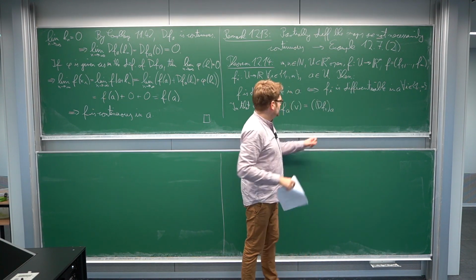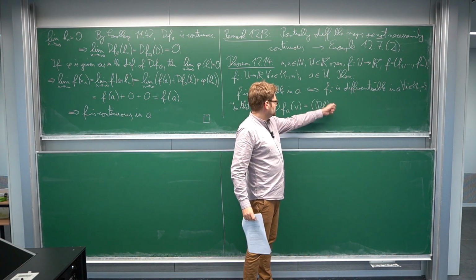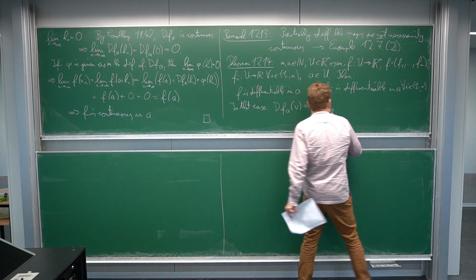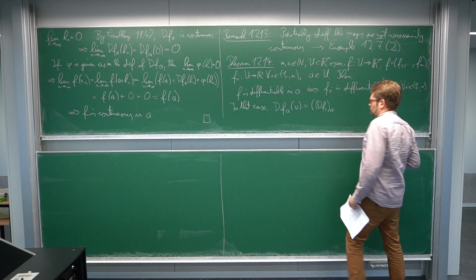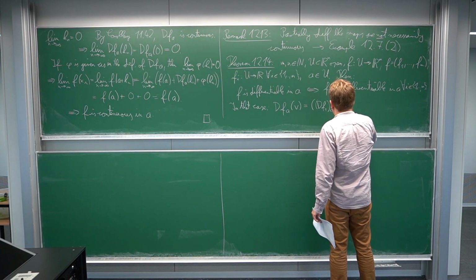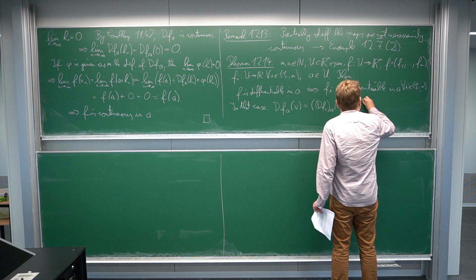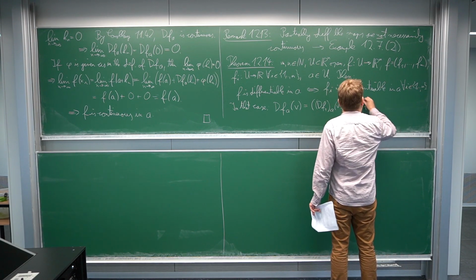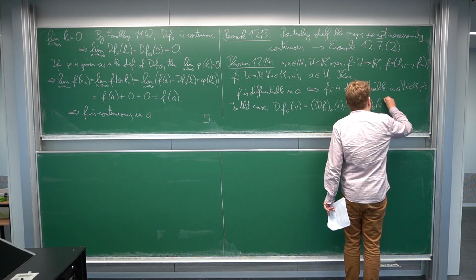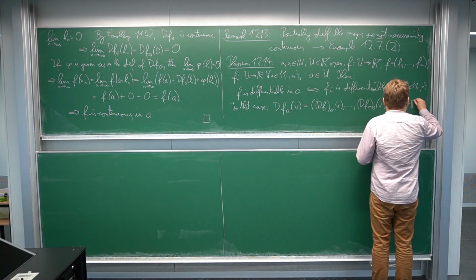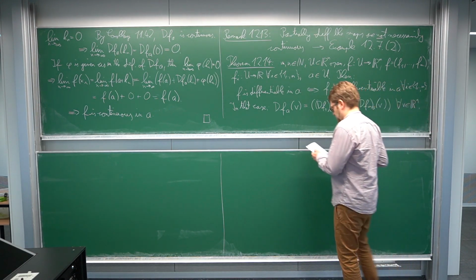Now, if we have a collision of indices here, we just usually put parentheses around this whole df something and put this as an index next to it so there's no confusion. So this differential of f_1 in the point a evaluated at v, until df_m in a evaluated at v, for all v in R^n. Okay, so this is good.